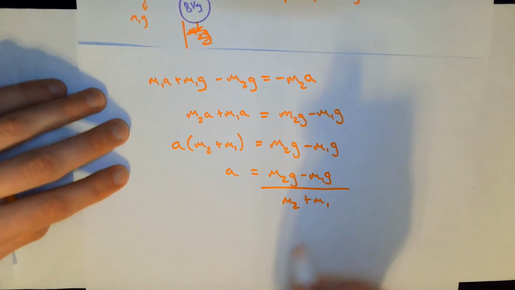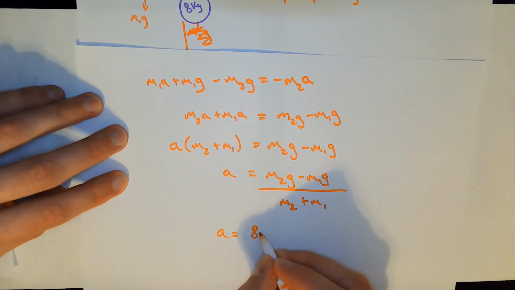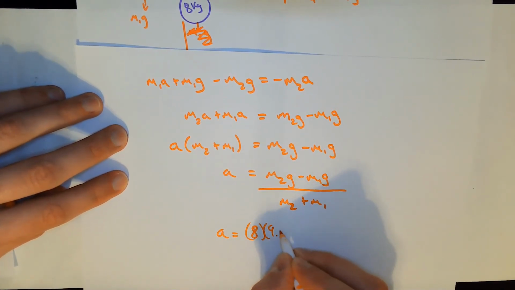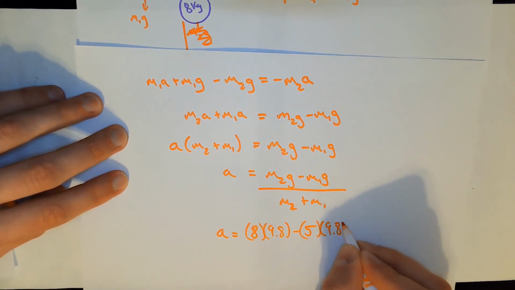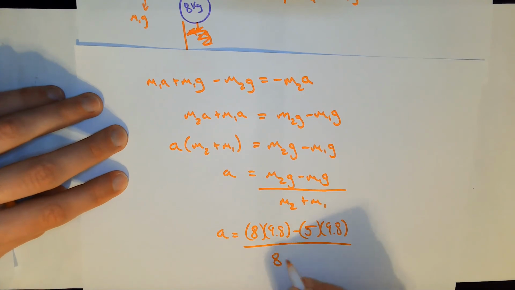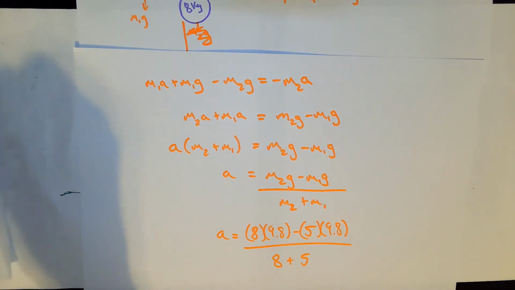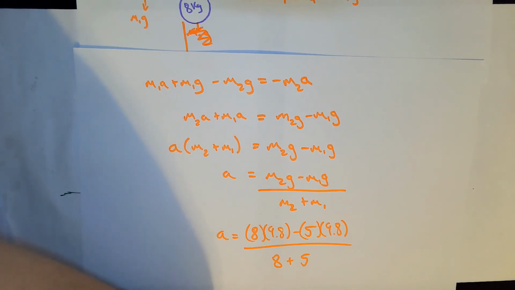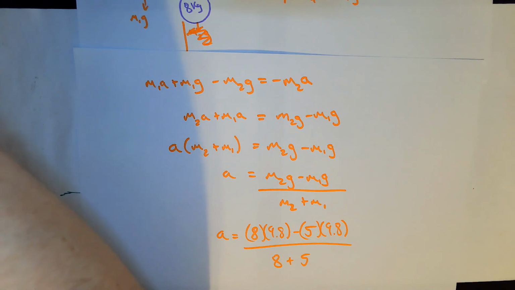So I've got A is equal to 8 times 9.8 minus 5 times 9.8, all over 8 plus 5. Those are the masses, 8 kilograms and 5 kilograms. And I'm getting 8 times 9.8 minus 5 times 9.8 divided by 13.